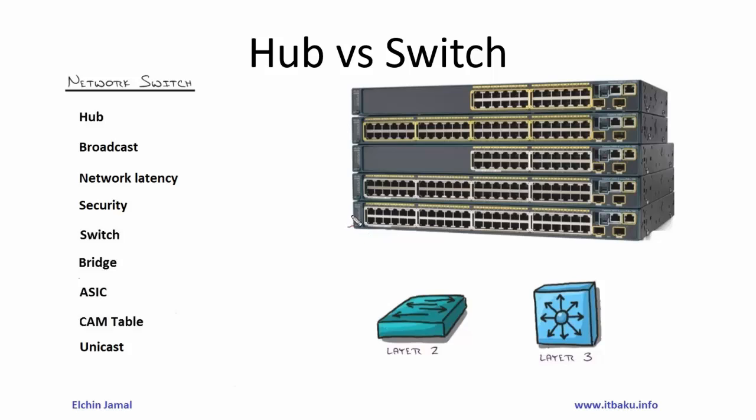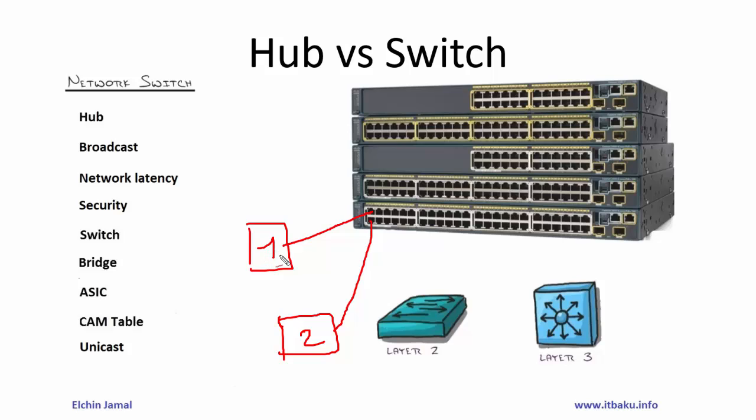Let's assume that we have 5 hubs here. Actually, the devices you see in the picture are switches, but let's assume that we have hubs. Computer 1 is connected to the first port of this hub, and computer 2 is connected to the second port.